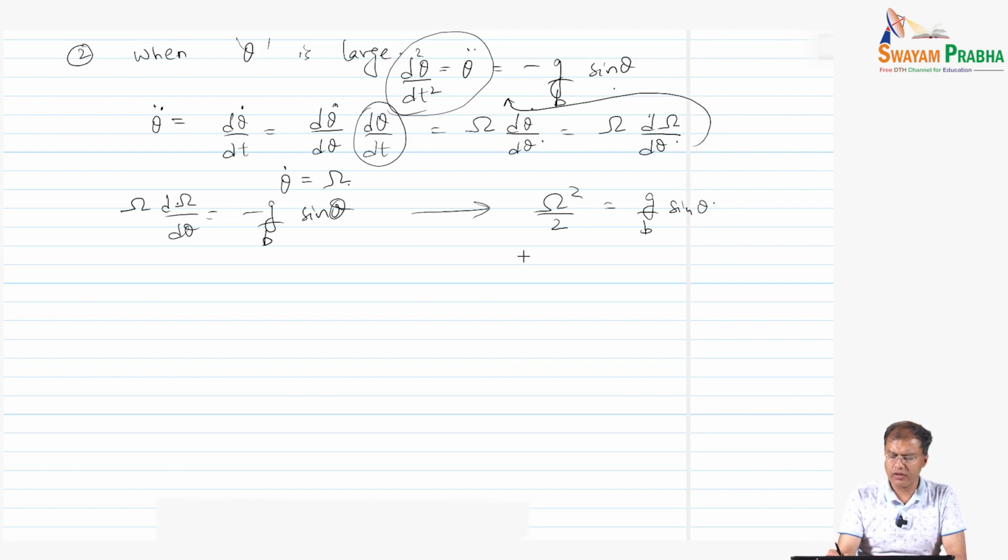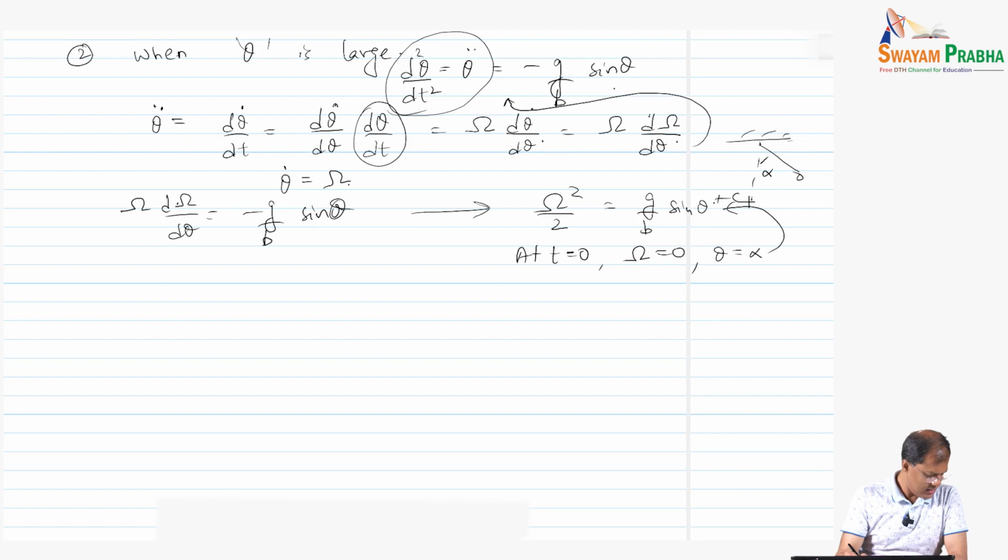At t equal to 0, the angular velocity will be 0, but theta will be equal to some angle made with the vertical of the pendulum. So here we have the pendulum which is making some angle alpha to begin with, and if we plug this initial condition to find this constant of integration, we can quickly find that omega is a function of theta.